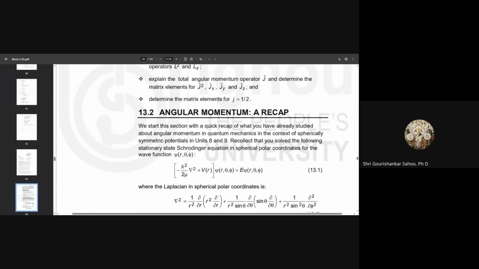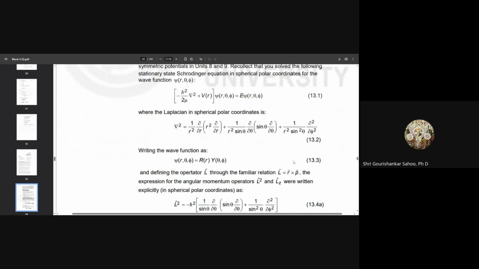So what is angular momentum, and what is angular momentum in quantum mechanics? Please have a recap of the things you have studied in classical dynamics. After that, we will discuss angular momentum, which is quantized, and we shall discuss how it is quantized, unlike in classical mechanics.